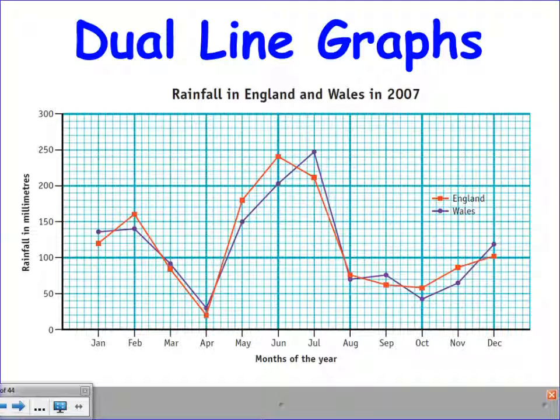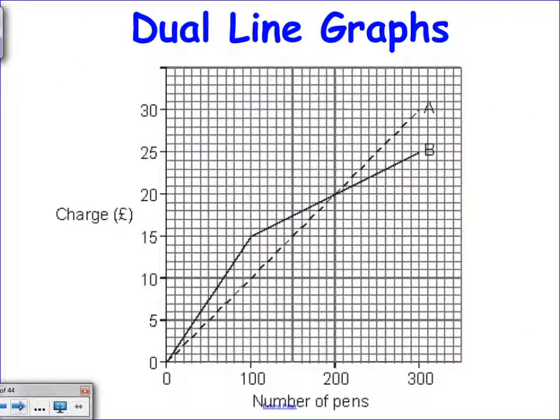So here, if I said to you, how much more rain does England get than Wales in June? They want to know, can you go to June? Can you read off where Wales is, and let's call it 200 millimetres? Can you go to June, go to England, read off 240 and get a difference of 40 millimetres for the difference in rainfall? That kind of thing. Okay. So dual line graphs, can you read them? Can you interpret the data? Okay.